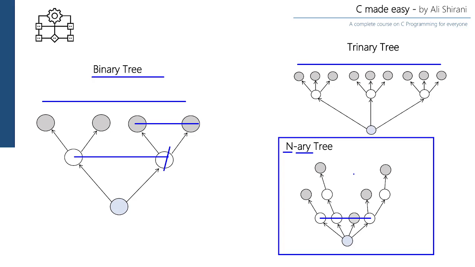I'll repeat, the structure allows at runtime the dynamic allocation of as many children of the same structure as the program requires. I hope it does make sense. So we are going to see now different kinds of examples of trees.